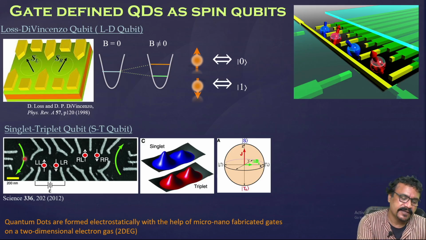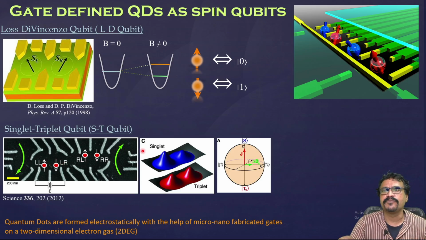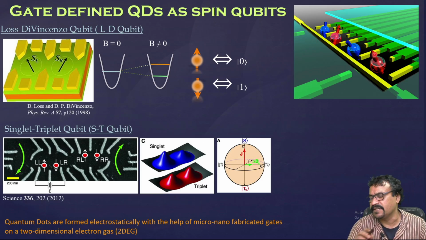And you can put an array of these quantum dots by putting an array of these gates on an appropriate wafer. An artistic illustration is given here.